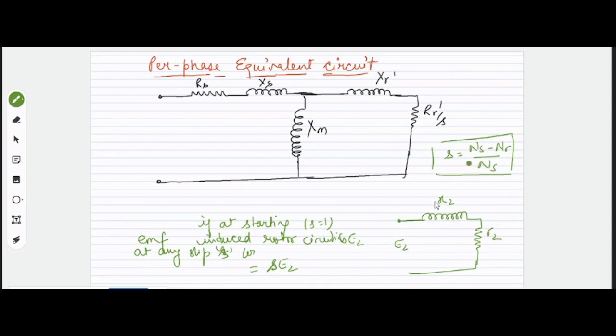So mathematically we define the slip this way. तो अगर जब रोटर रुका हुआ है उस समय में जो EMF इंड्यूस हो रही है रोटर कंडक्टर्स में, यदि वो E2 है, तो जब वो रोटर रोटेट करने लगेगा तो उसके अंदर EMF ऑब्वियसली कम होने लगेगी, है ना, क्योंकि फ्लक्स कटिंग एक्शन कम होने लगेगा, तो वो स्लिप के बेसिस पे चेंज होगा. So that means at any slip S the EMF will be SE2. तो अगर मैं किसी स्लिप S की बात करूं तो उस समय पे जो जनरेटेड EMF होगा, it will be SE2, right?